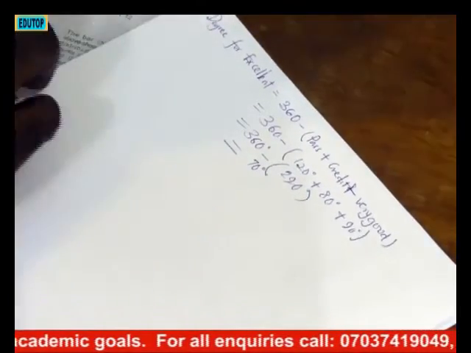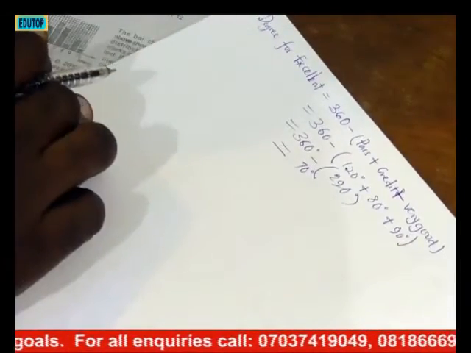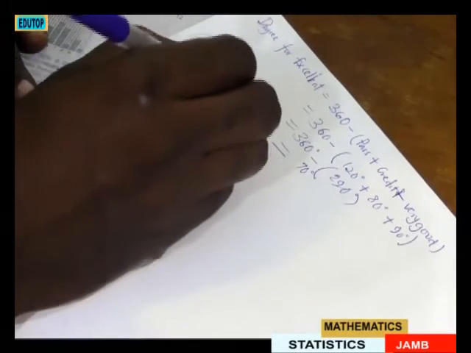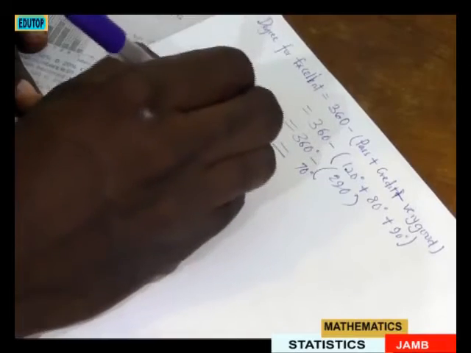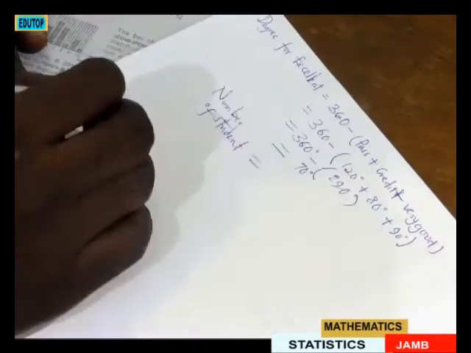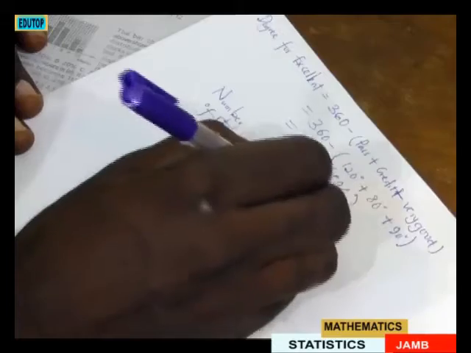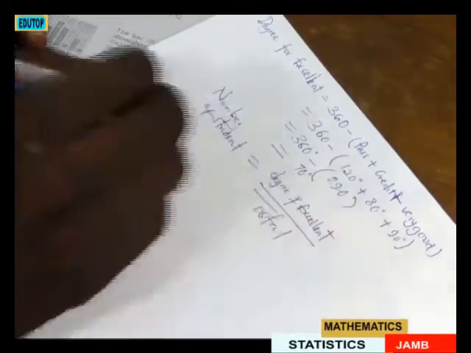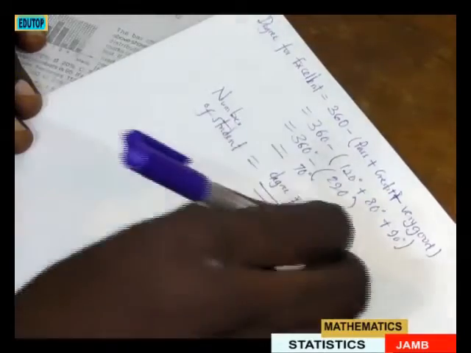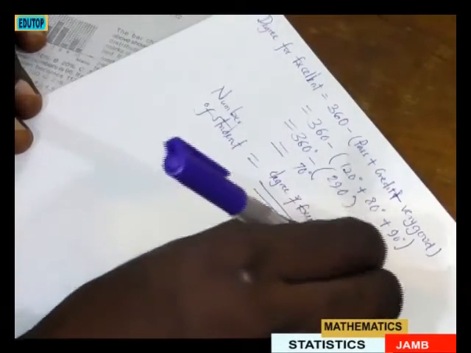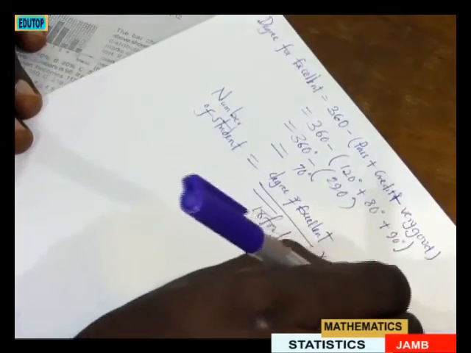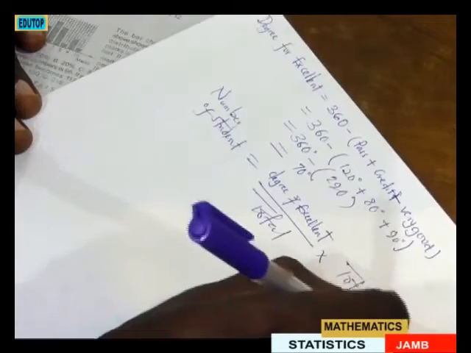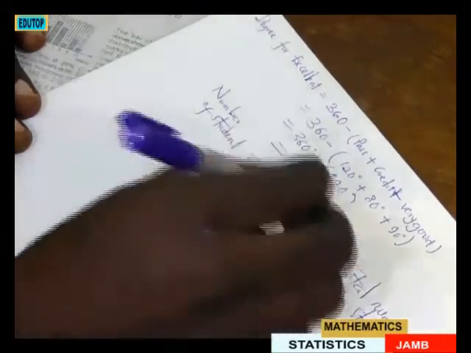But the question asks us how many students have excellence. So if you want to know the number of students with excellence, it will be the degree of excellence divided by the total degree times the total number of students. What is the degree for excellence?